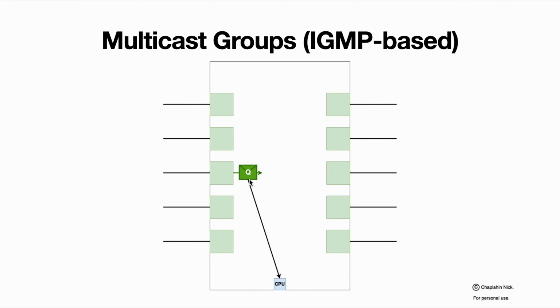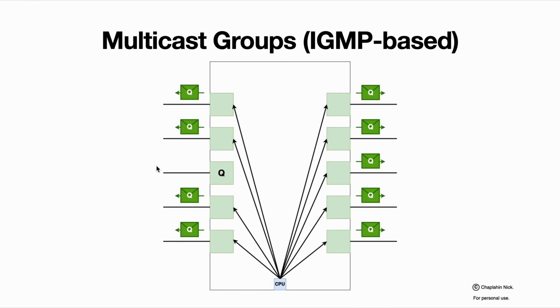Our system receives this frame, sends it to the CPU, since this is a control frame, remembers behind which port we have the source of the multicast data, and regenerates and sends the query to all devices who possibly could be interested in receiving this information further.